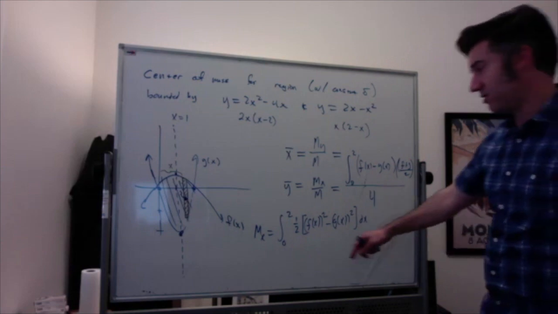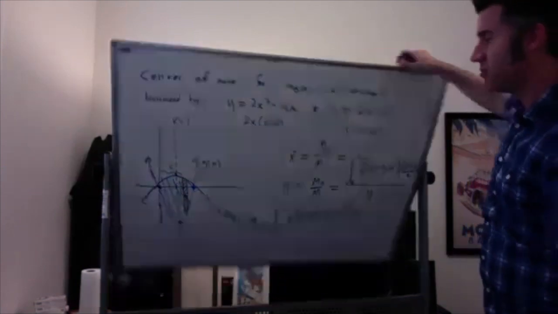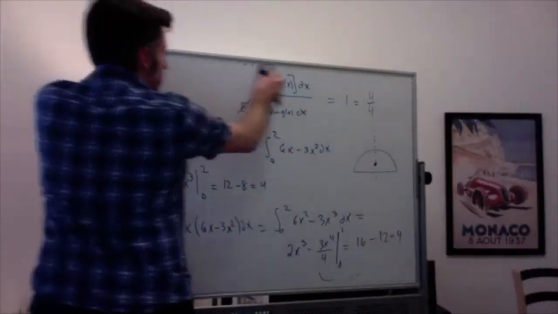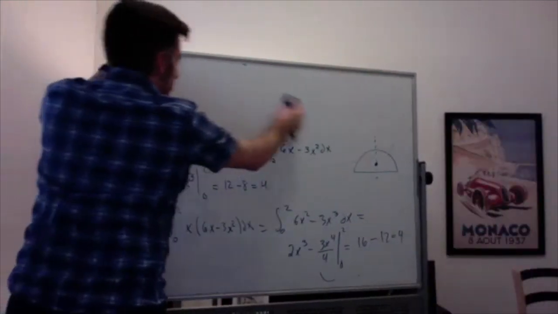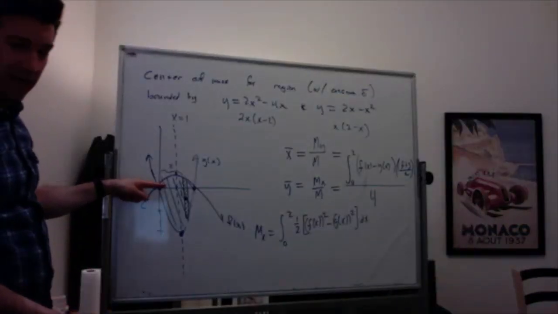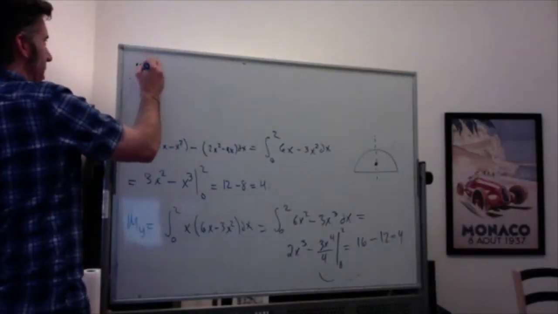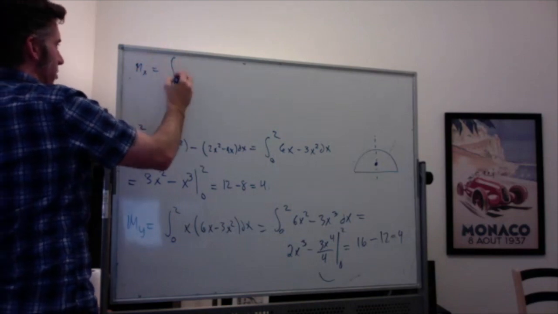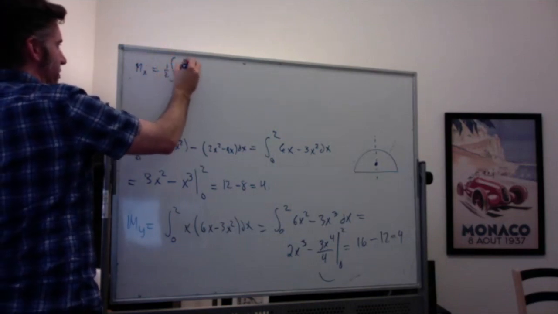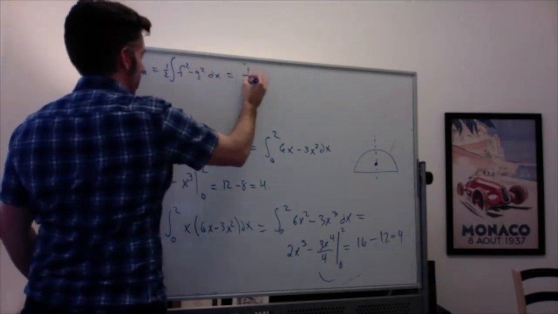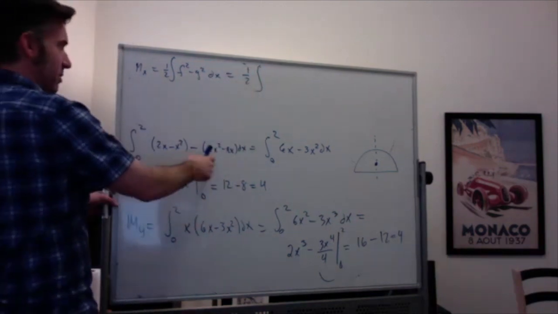All right, so let's calculate Mx. Sure, I've got room up here. Now, I will say, looking at the shape, my guess is it's going to be negative because it looks like there's more area below than above the x-axis. Let's find Mx. So Mx is 1/2 the integral of f squared minus g squared, which is going to be 1/2 the integral of, here's my f, here's my g.